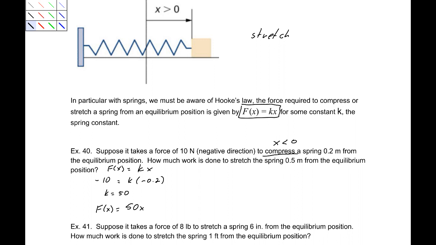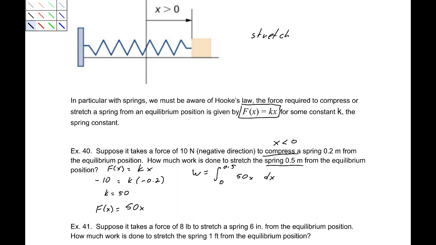Okay, now what we've really been asked to do is find the work. So the work is going to be the force times the distance. So the integral, and here we are stretching it 0.5 meters. So we're starting at equilibrium, moving to 0.5 meters. And we are working with the force function 50x, and the distance is dx.